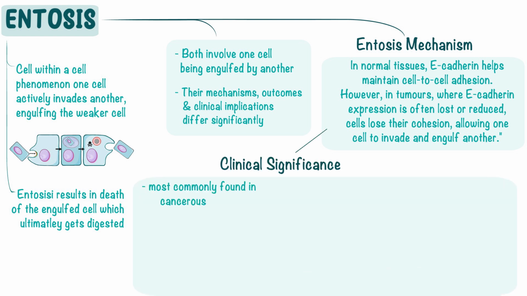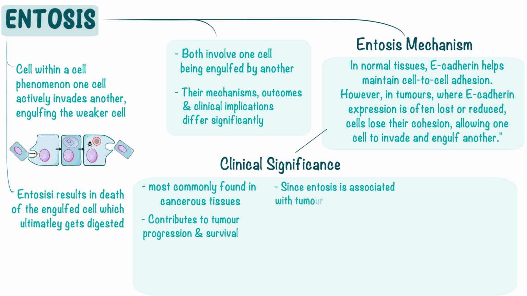Entosis is most commonly observed in cancerous tissues, where it may contribute to tumor progression and survival. In aggressive tumors, cells exhibiting entosis may gain a survival advantage by consuming neighboring cells to meet their energy requirements. This phenomenon can also contribute to tumor heterogeneity, making the cancer more resistant to treatments.